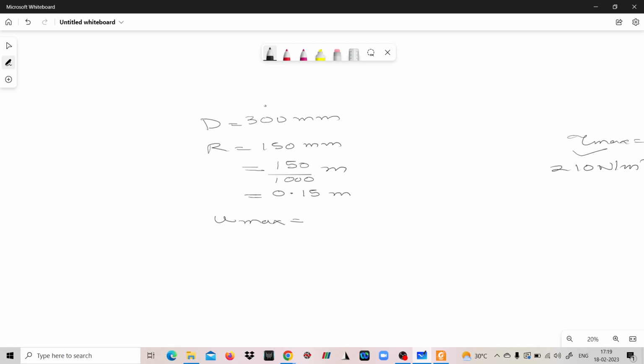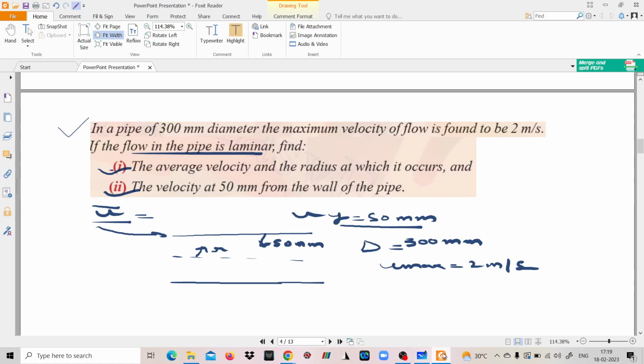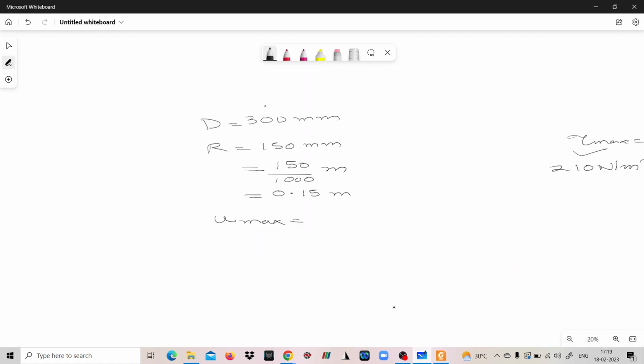U max is equal to 2 meter per second. Flow is laminar.